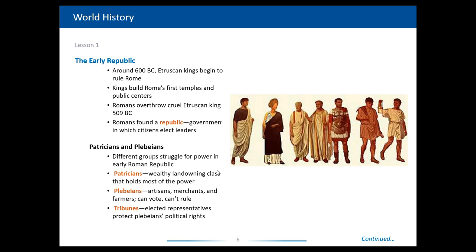In this picture, you see the plebeians and the patricians. So these are the patricians here with the long robes. And you see the plebeians in the center, these three guys in the center. And then you see the slaves at the end. This is how they dressed, the slaves and the people who were non-citizens.